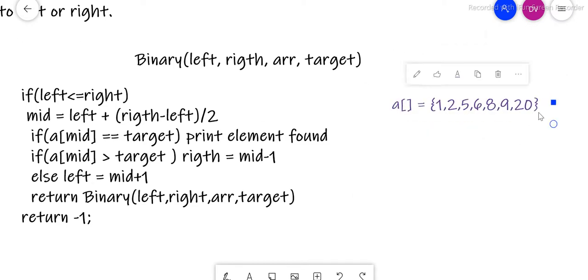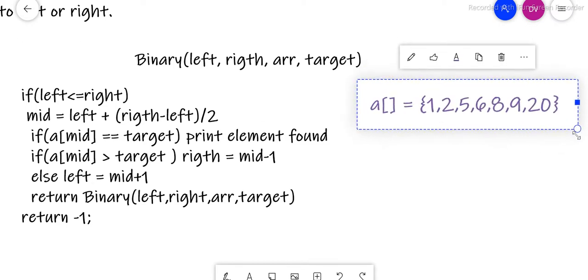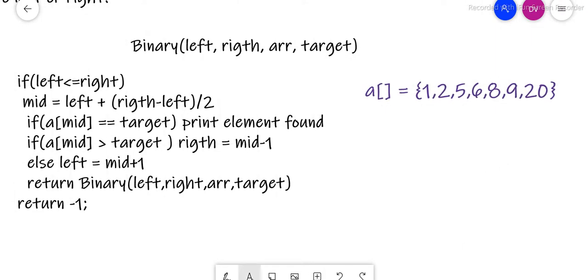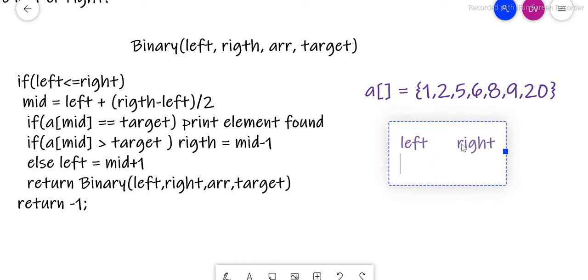Okay, this is our question now. First, we will make left and right index. In the initial stage, our left index will be 0 and right will be array dot length minus 1, because we are traversing from this to this part.